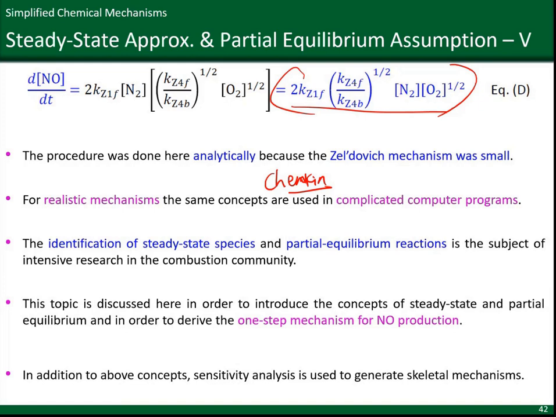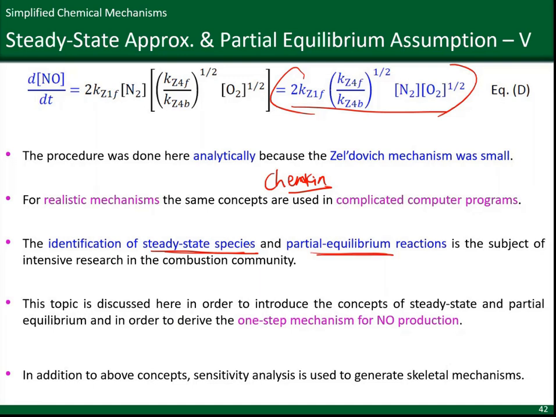But the key point of doing all this is to make sure that you understand how we get this done, and you are confident to reduce a given set of reactions into something smaller by making these approximations. These approximations are valid. The only thing is, under the conditions of interest, whatever pressure and temperature you're interested in, you have to identify which of the species behaves like a steady state species.